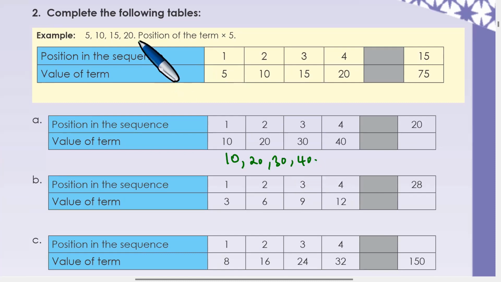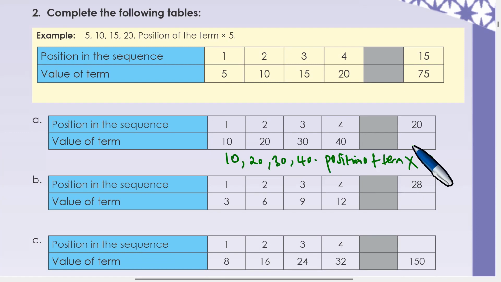And then we write: position of term times 10. 1 times 10, 2 times 10, 3 times 10, because 3 times 10 is 30, 4 times 10. So it's position of term times 10. Okay. Position of term is 20.